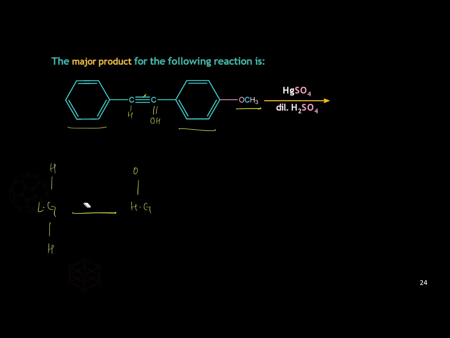Now it will be O minus, and this is plus, so this will try to make the bond here, and this will turn out to be like this. Understood? So that's how this reaction will be like this.